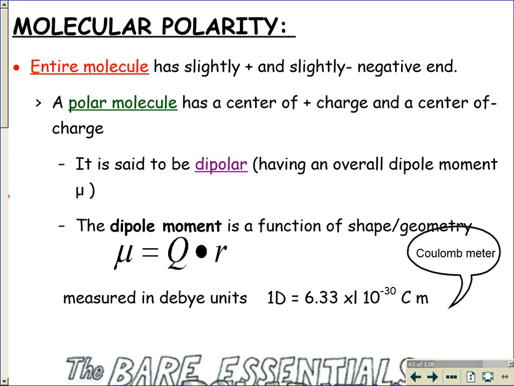So we have an equal distribution of electrons, or we have an equal pool of electrons left and right, so they cancel each other out, or top and bottom, they cancel each other out. So if the geometry allows for the cancellation of these dipole moments, then overall you can say, okay, they nullify each other, and therefore we have a nonpolar molecule. That's going to be more on the next slide.